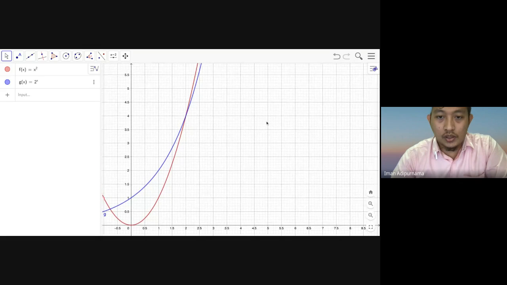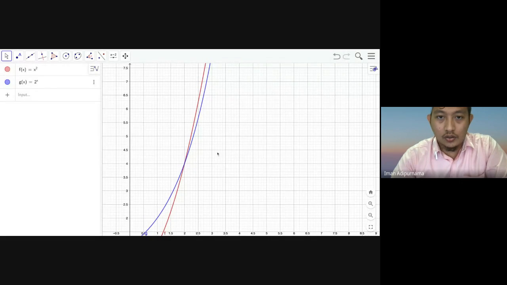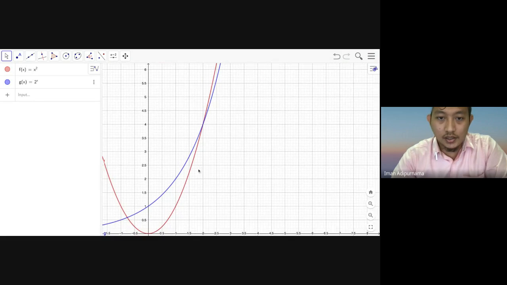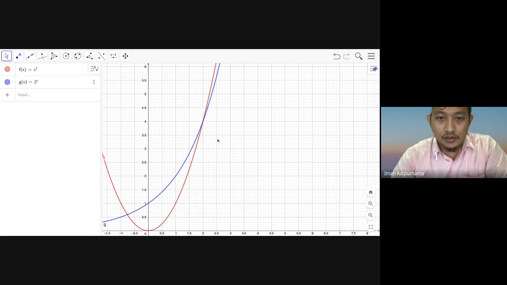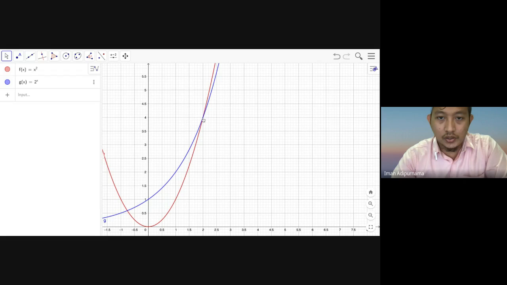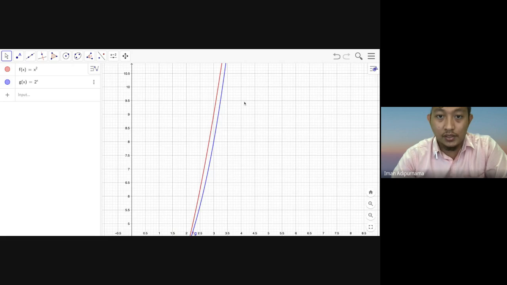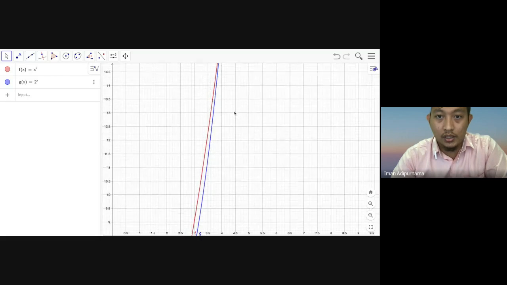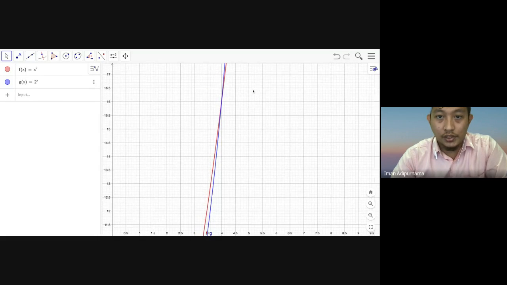Then we move on to maybe 2.5, still it's changed. And at x equals 2, it's going to cross here. And then x squared seems to win, right? It seems to be at the top of the two functions.